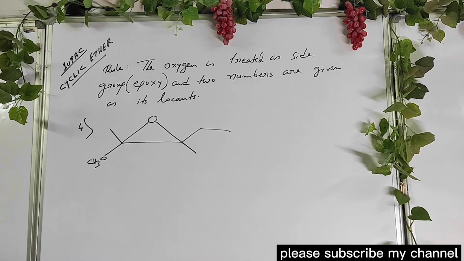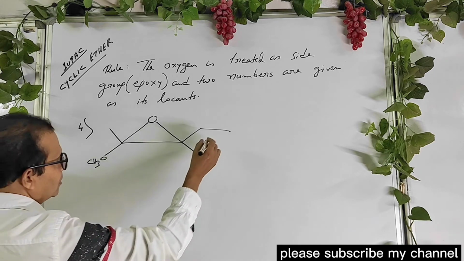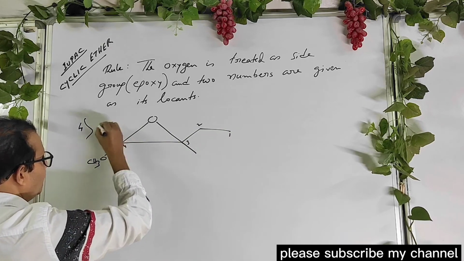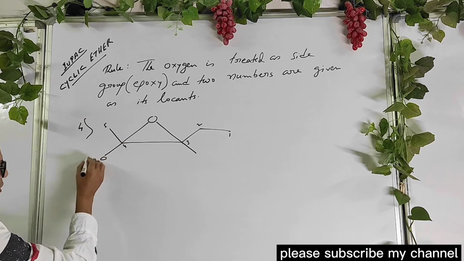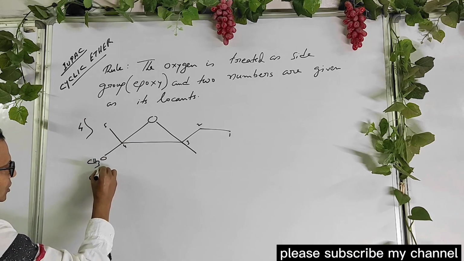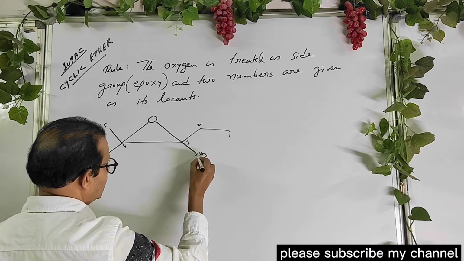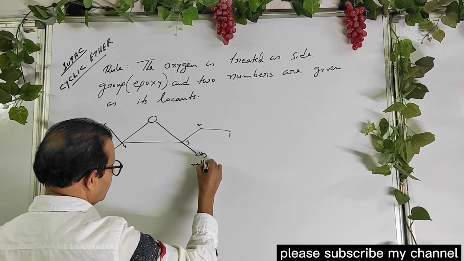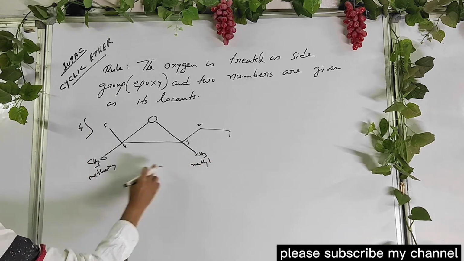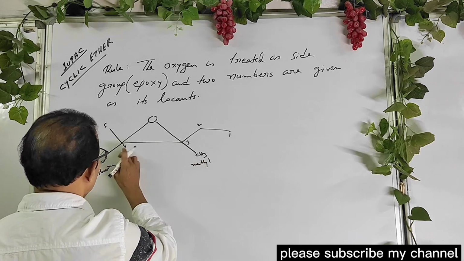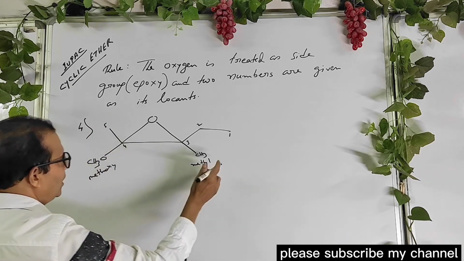Always consider the longest chain of carbon atom for numbering 1, 2, 3, 4, 5. So this is substituent, it's called methoxy. This is substituent, it's called methyl. Both start from A, E, so you can write 3 methyl, 3 methoxy or 4, okay.